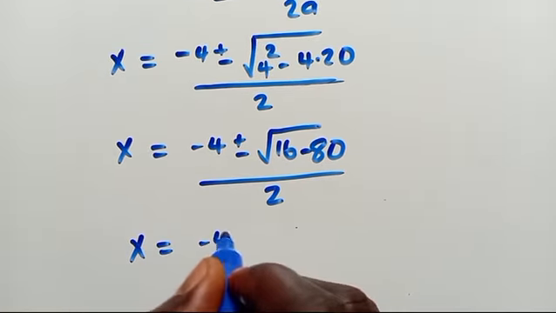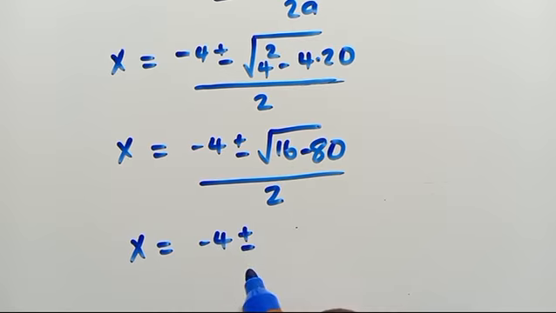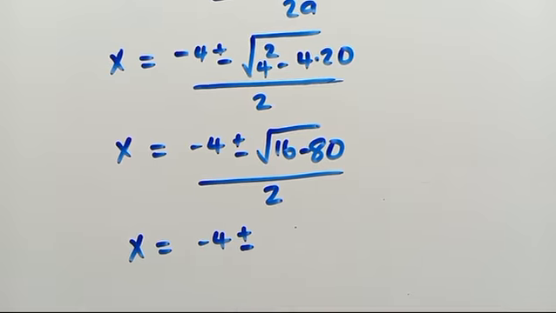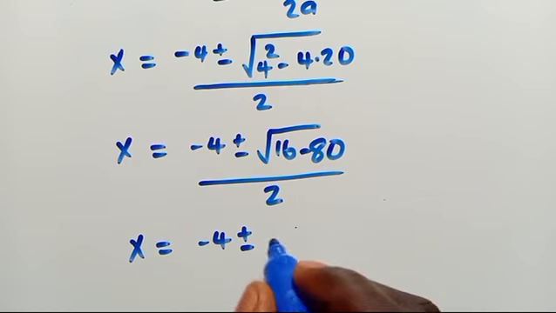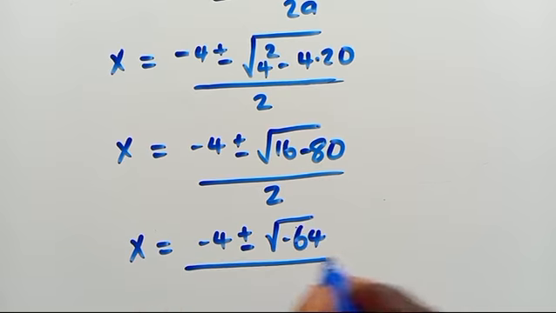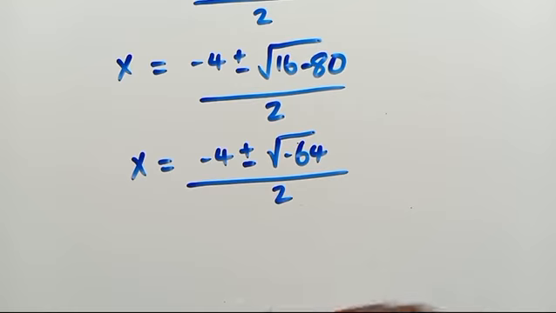x equals minus 4, positive or negative, when we have 16 minus 80, root of minus 64, over 2.